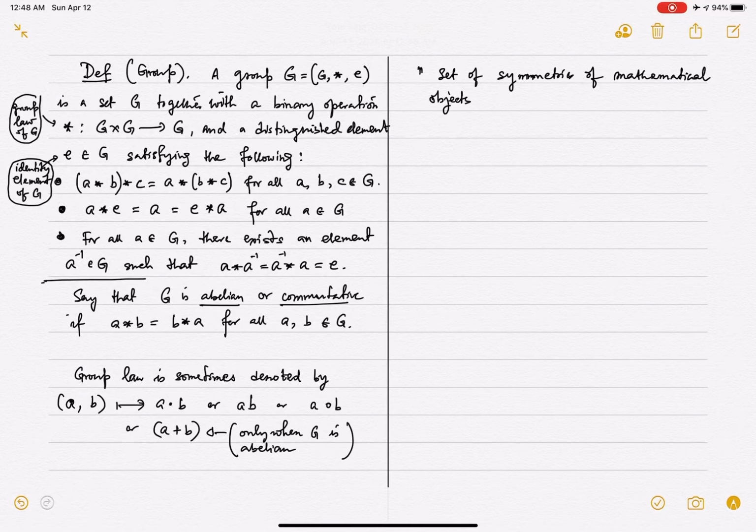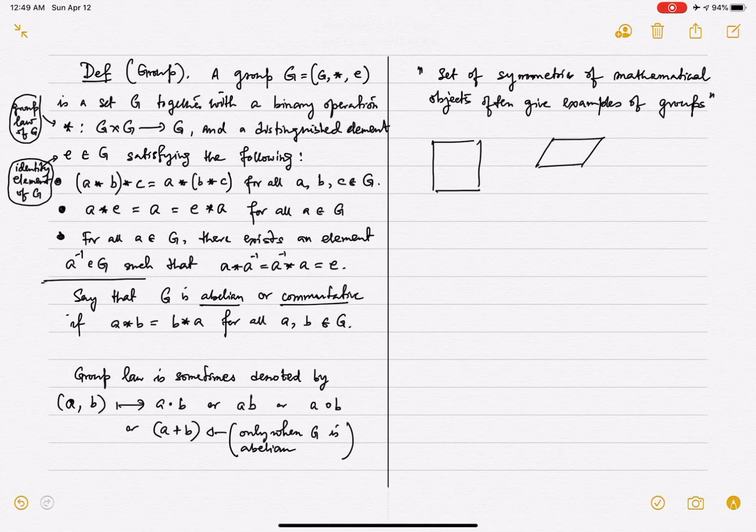Objects often give examples of groups. And by what sort of object? We saw symmetries of the square form a group. That was our first example.